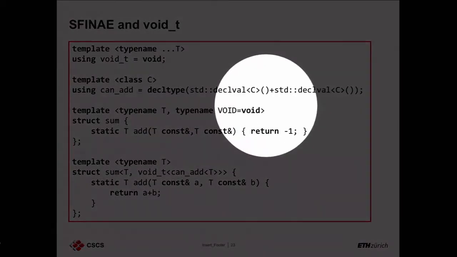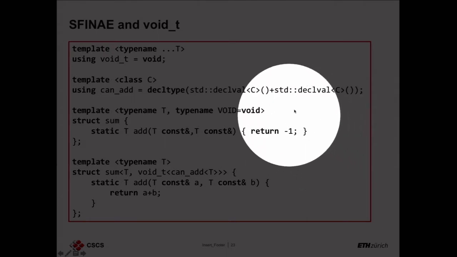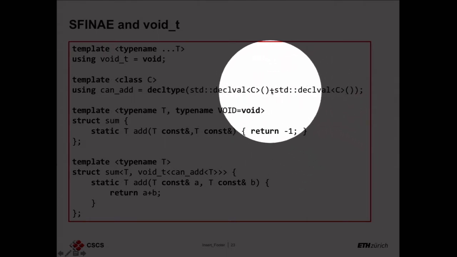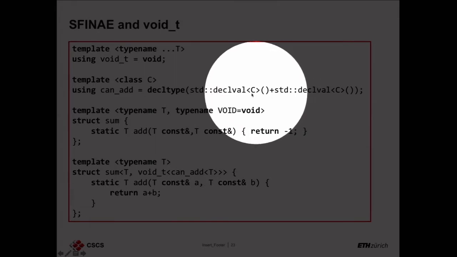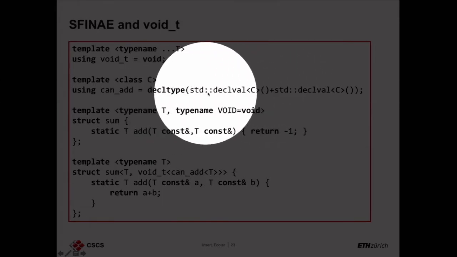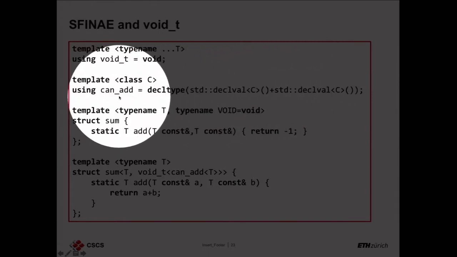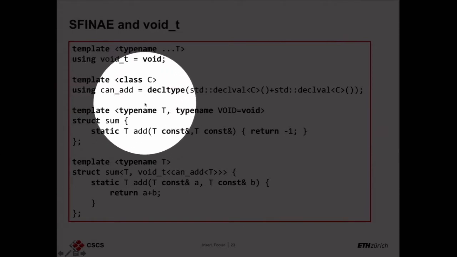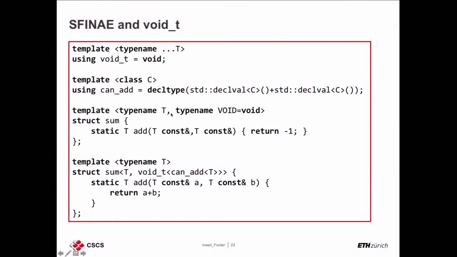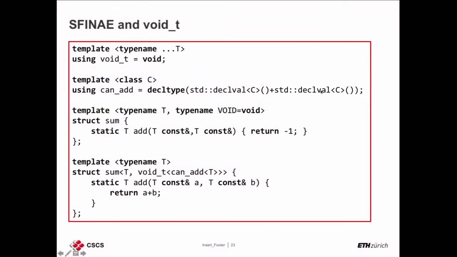So I want to say, if class C defines an operator plus that takes whatever, which is basically also references, then the decltype of this expression is the result that I say can_add, right? So I say C plus C returns an integer, then this can_add becomes an integer. It's the decltype of this expression.